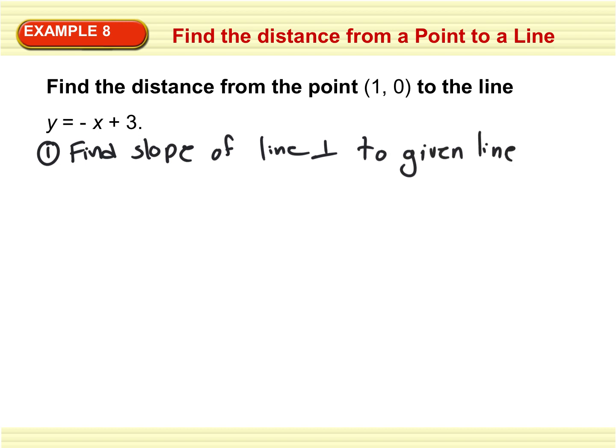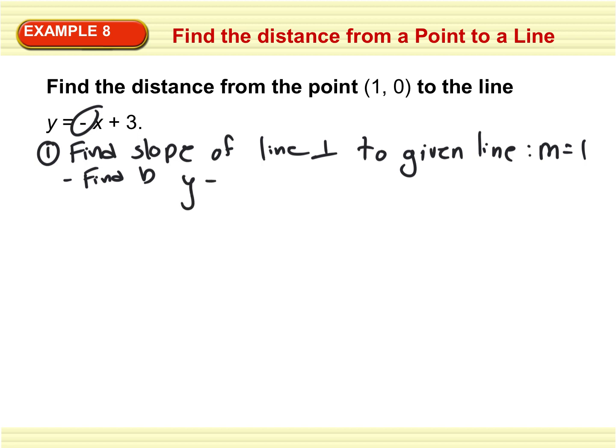Now in this case, the slope is -1 right here. So our new slope is m is equal to 1. The second part of this is to find the b. And we do this by using the y-intercept, what we have been doing from before.